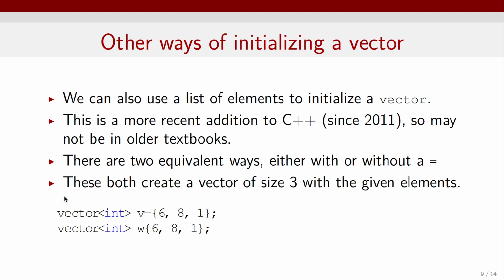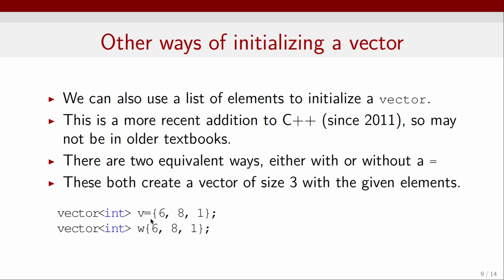So these two commands both create a vector of size 3 with the given elements. So in this case, I say vector integer in angled brackets, and then v equals, and then curly brackets, and then the elements 6, 8, 1. Then I close the curly brackets and semicolon to end that line.